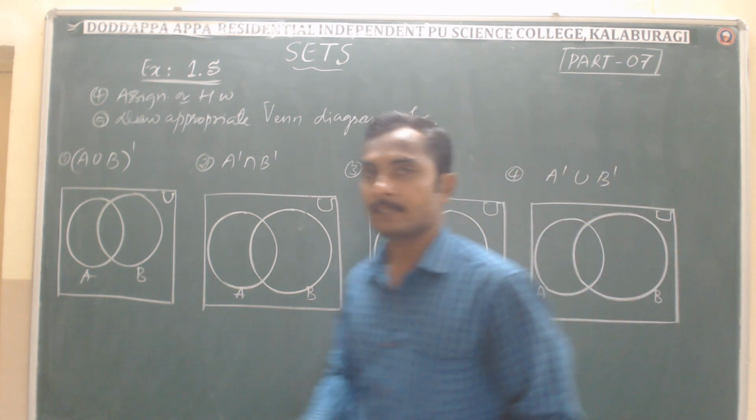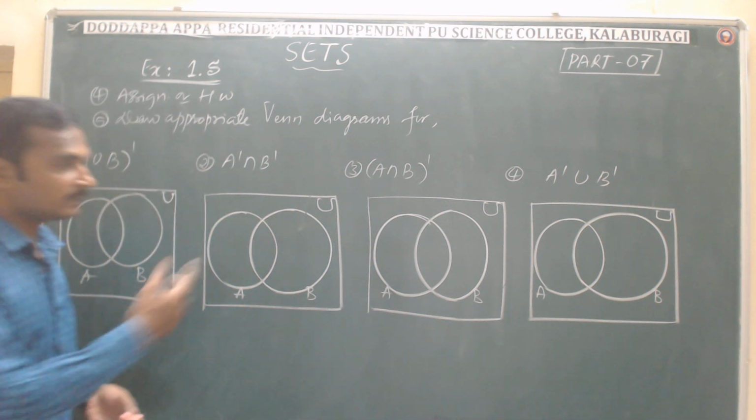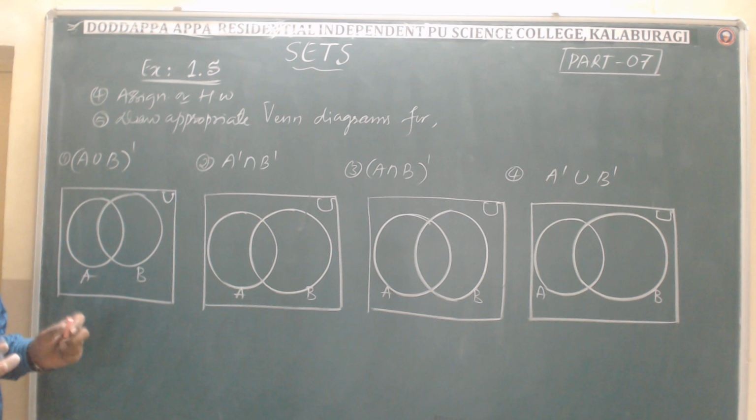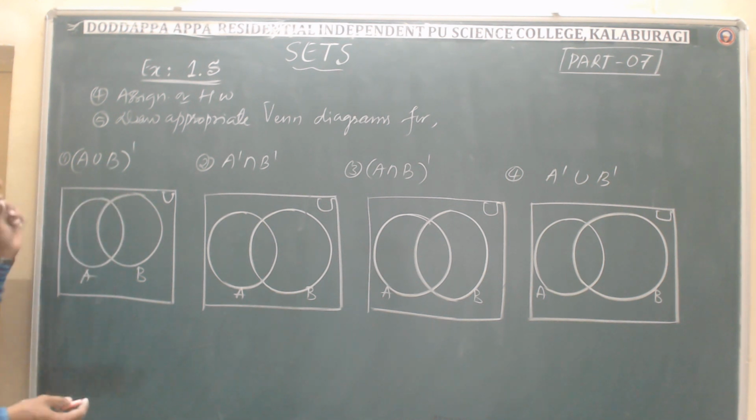Okay, so let us try to draw. These are the 4 Venn diagrams I have drawn. We just need to find the area. Which area is the first one? A union B whole complement.